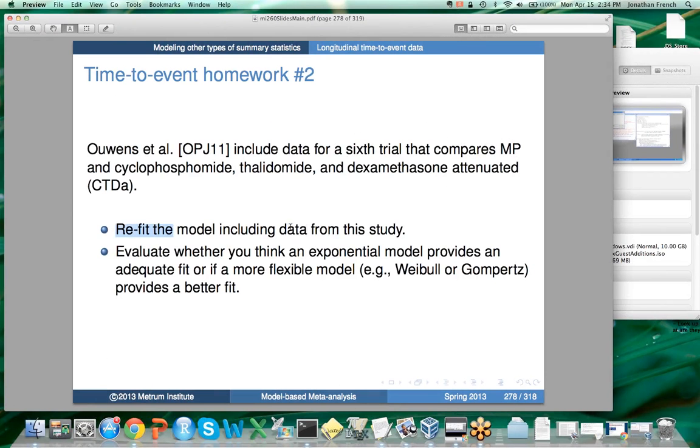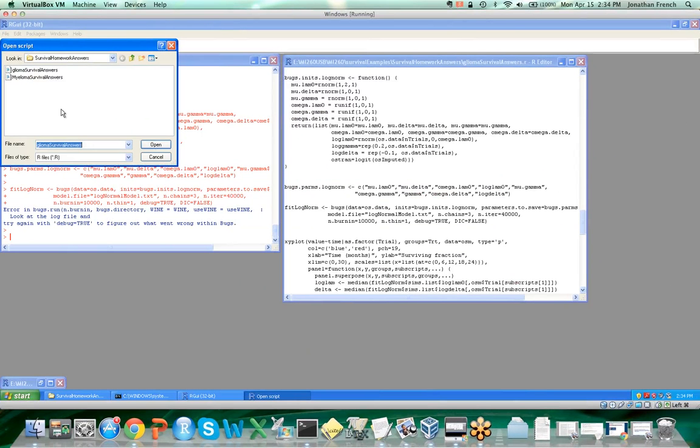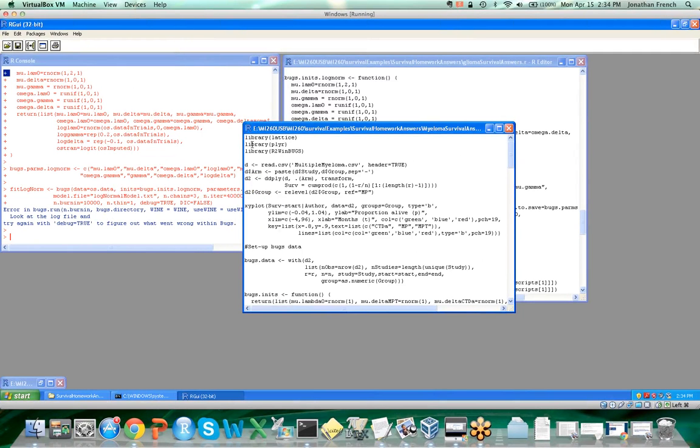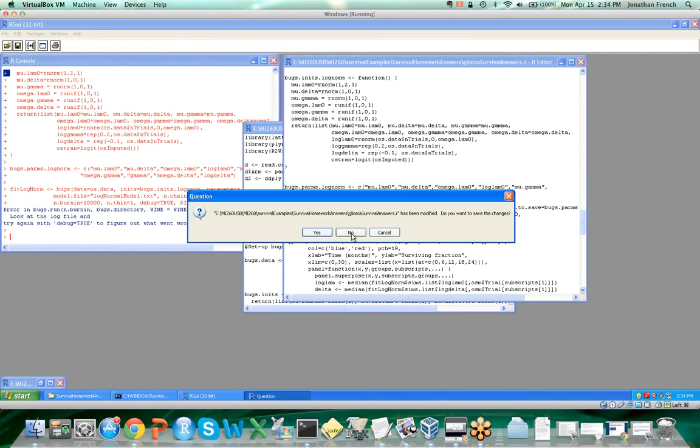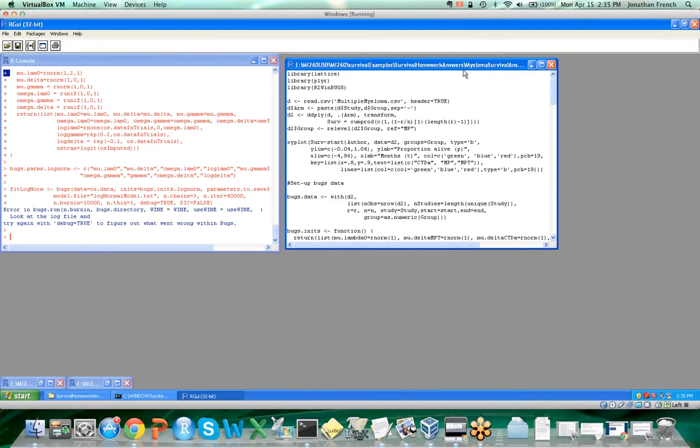The idea was to refit the model, including data from this 6th study that compared CTDA to MP, and then explore whether you feel you needed a model with additional curvature to give a better fit to the data. The answers are here in this myeloma survival answers code, and we'll post that to the website at the end of the lab session today.